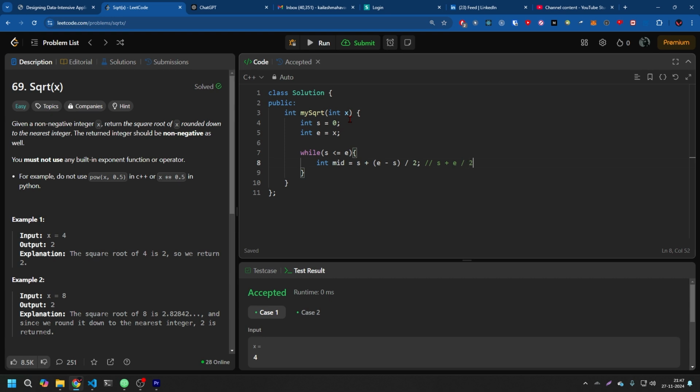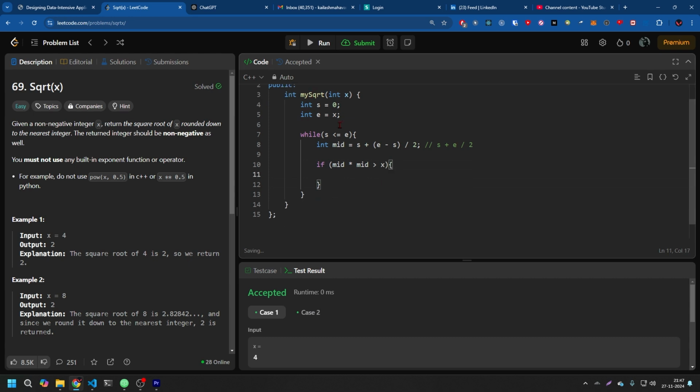Refer to the second video of this playlist for more. After this, we will check if mid times mid is greater than target. If that is the case, then e is equal to mid minus 1.